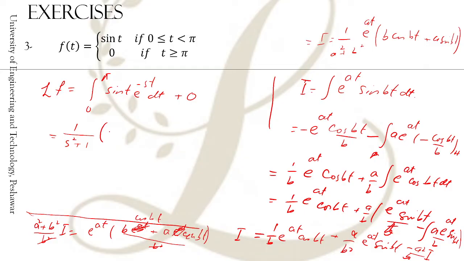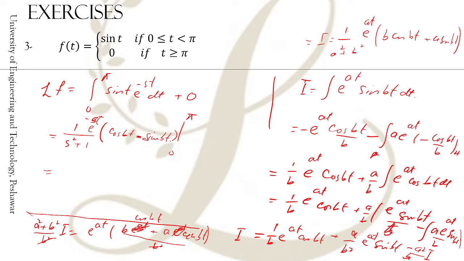So b is equal to 1, so that is simply cos bt plus a, which is in this case minus s, so minus s into sin bt, and here along with it will come e power minus st. As limits are taken from 0 to pi.